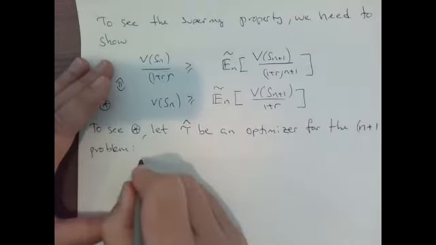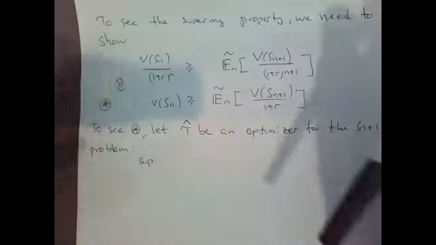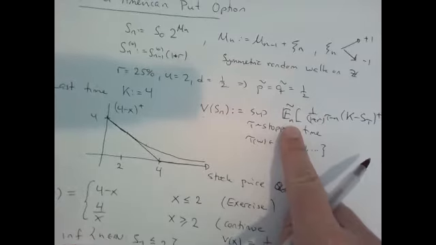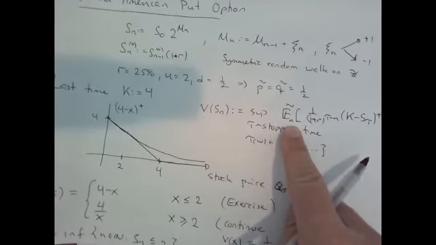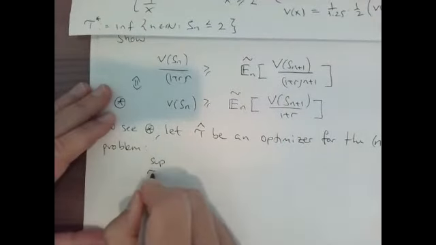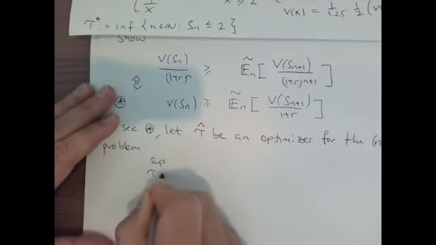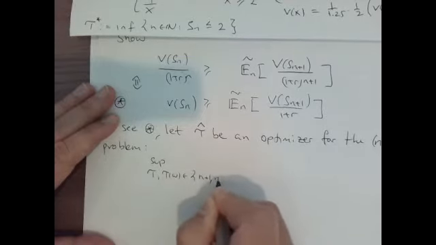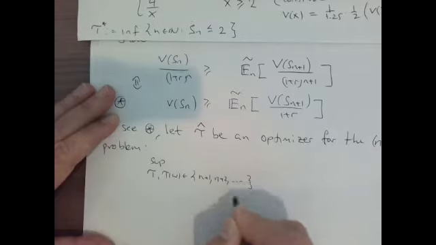So if I look at the supremum, I'm looking at the problem here, not at time n, but at time n plus 1. So take the supremum over tau. Tau of omega belongs to n plus 1, n plus 2, and so on.